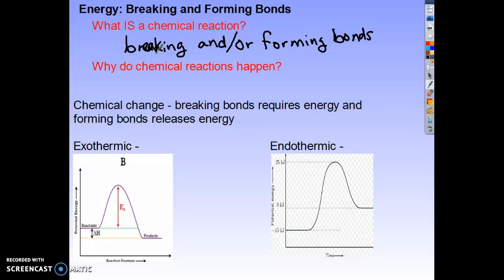Now the question is, why does this happen? And the answer to most things in science is it happens because of energy. And that is also the case here. Chemical reactions happen because the molecules or the atoms involved are in some state of energy and are moving to some other state of energy. Normally, if they're happening by themselves, it's because they have a higher amount of energy and they're moving towards a lower amount of energy, and that causes it to happen without anybody forcing it to happen.